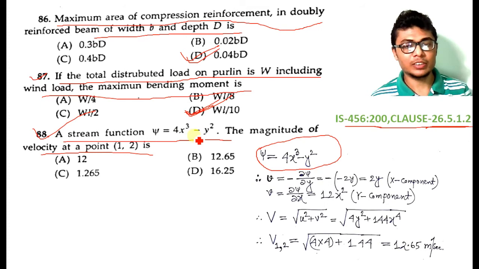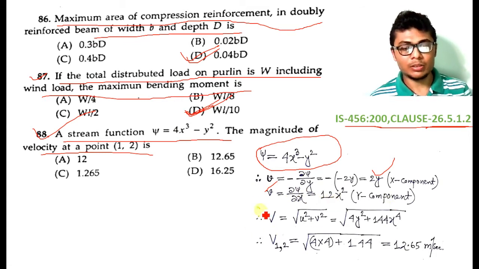First, the x component, that means u equals minus del psi by del y, so this will be 2y. Now the y component of velocity, del psi by del x, will be 12x square.